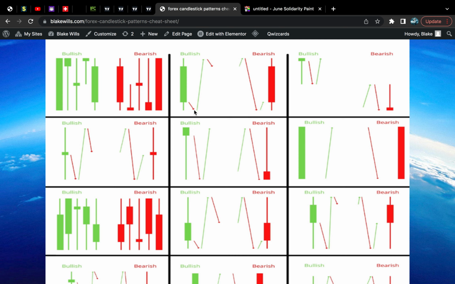You got the open, low, high, close. Open, high, low, close, right? So it goes open, high, paint it red on the way down, low, close, right? Just like this is open, low, paint it green on the way up, high, close, right?